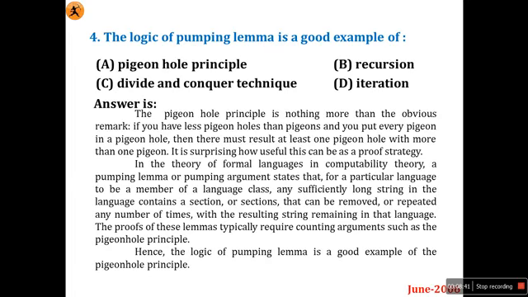If we have fewer pigeonholes than pigeons, and you put every pigeon in a pigeonhole, then there must be at least one pigeonhole with more than one pigeon. If we have n pigeonholes and n plus 1 pigeons, then at least one hole should contain 2 pigeons. This is the famous theorem.